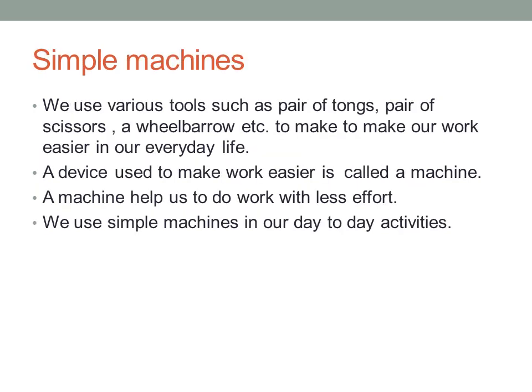So to make our work easier, we make a device. It is called a machine. In our daily life, we use various tools, right? We use the scissors, we use the tongs, we use a wheelbarrow. So we use different types of tools to make our work easier.